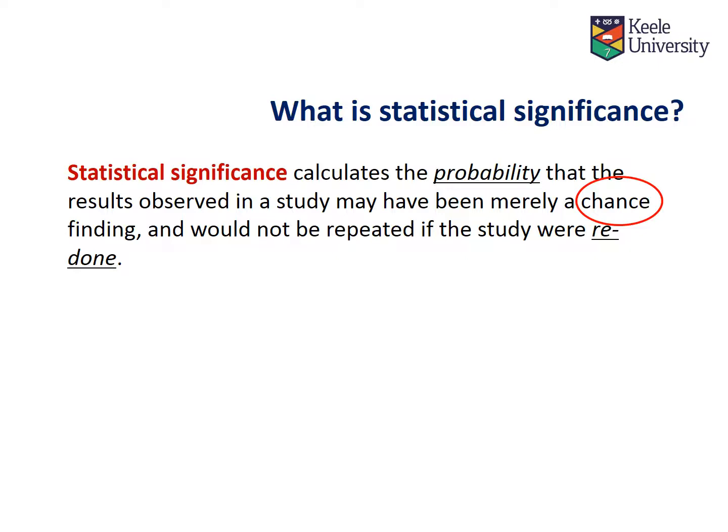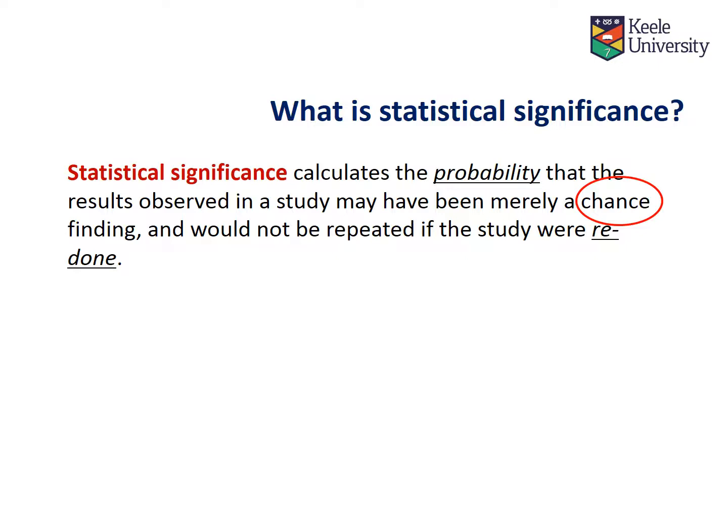This takes us into the concept of statistical significance. Statistical significance calculates the probability of chance, the probability that the result you come out with is a chance finding, and if we repeat the study, we will not find the same result.